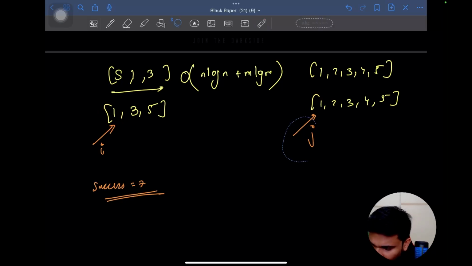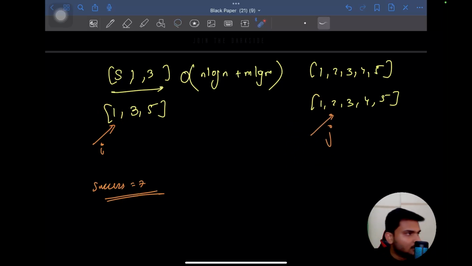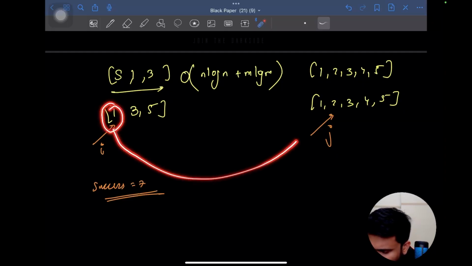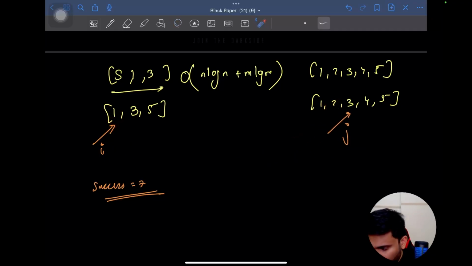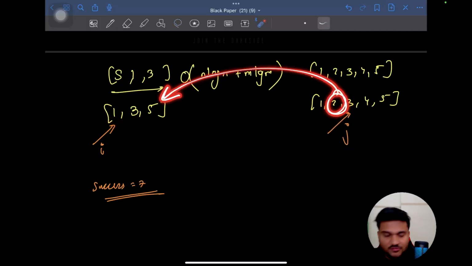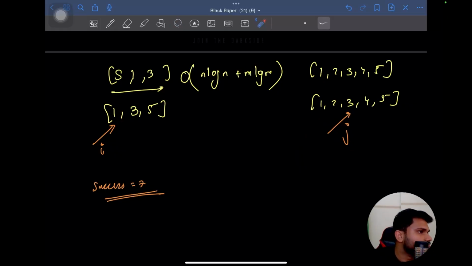Maybe we can move j ahead, right? Maybe we can actually move this j ahead. Now, what will be the problem of moving j ahead? The problem of moving j ahead will be this one cannot form a pair with 2 also, right? You will move j ahead again. But the problem is this 2 could have been paired with 5. Yes or no?